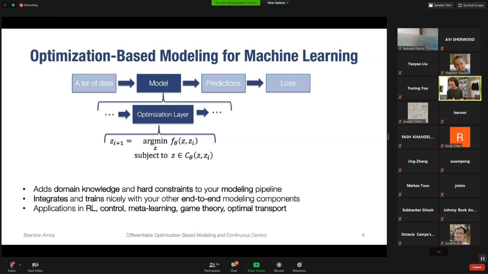And I guess as Steve prefaced here, when I'm talking about optimization-based modeling in this context, I'm not talking about doing parameter optimization with some new optimization methods, or gaining any new insights into optimizing the parameters of your model.